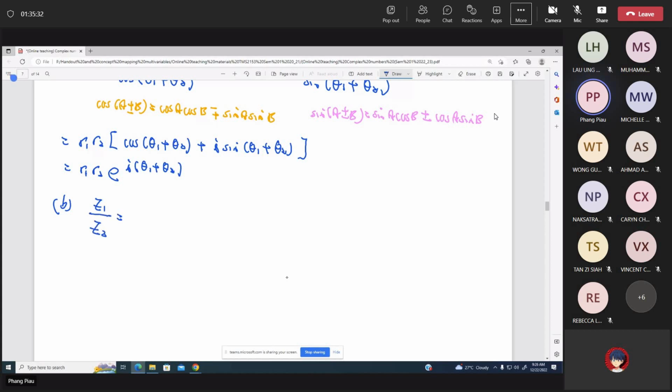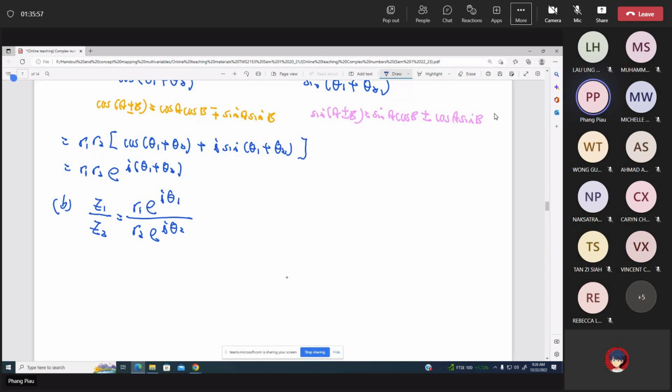Nothing much to say if the Z1 is already in exponential form and your Z2 is already in this form. We are not proving from the polar coordinate. It's difficult to do the proving.